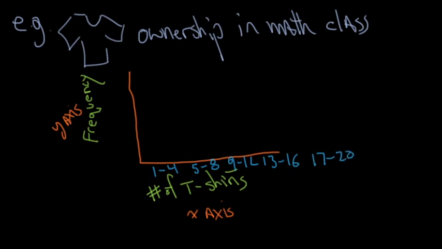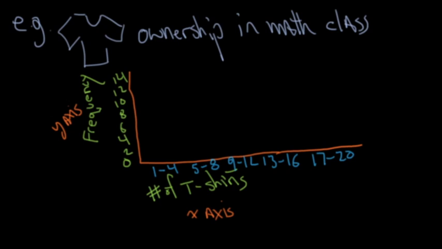Let's extend those lines there a little bit. I think it was an orange line. Yep, it was. So there we go. And our frequency is going to go up by 2s all the way to 14. So 0, 2, 4, 6, 8, 10, 12, and 14.